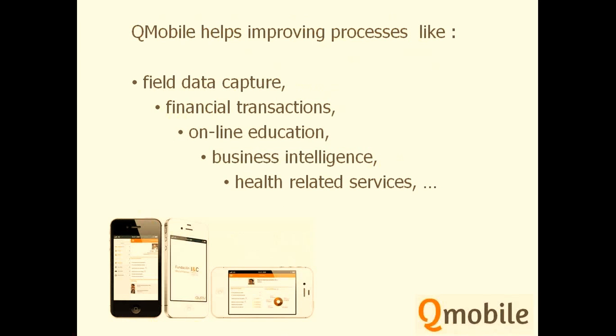Actually, the initial idea was to help our foundation get rid of the paper on the field and replace it with smartphones in order to be able to analyze information from the ground. But then we started introducing financial transactions and online education. We plan to do business intelligence, and we have already started developing healthcare-related services.